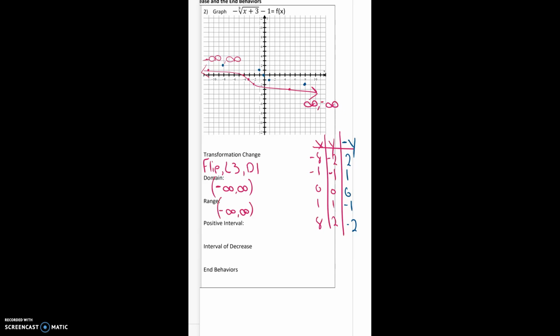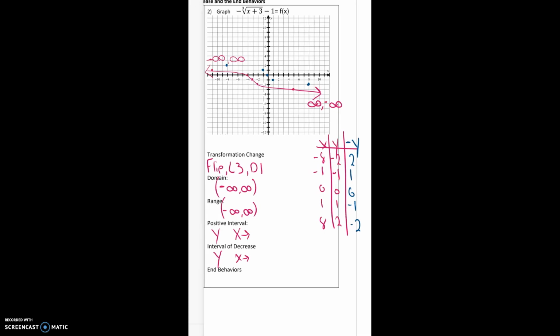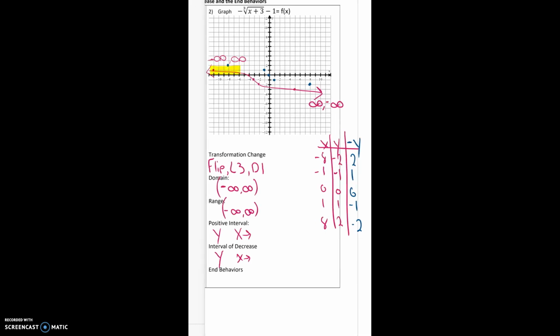Positive interval. So again, we're looking to see when y is positive and where y is decreasing, but we're going to give our answer in terms of x. So as I go left to right, my graph, y is positive until I get to the point 4, 0. And at 4, 0, it's not positive or a negative, but then when you continue to the right, y's switch into being a negative value.